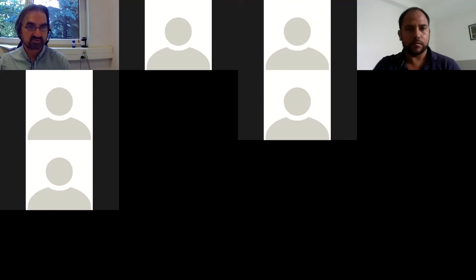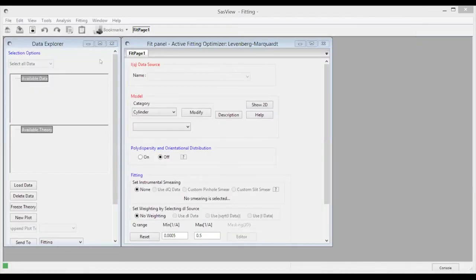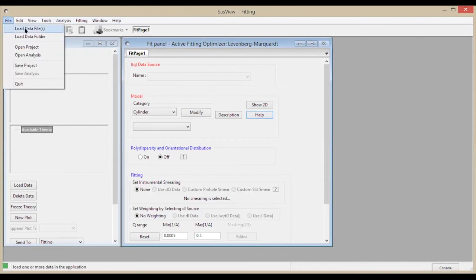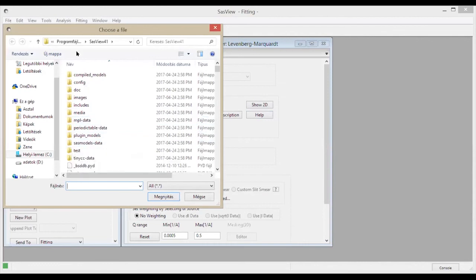I shall now share my screen. So this is how SasView starts. In the upper menu bar we have File and Load Data Files. So let's load the data file. Now we need to find our actual folder.